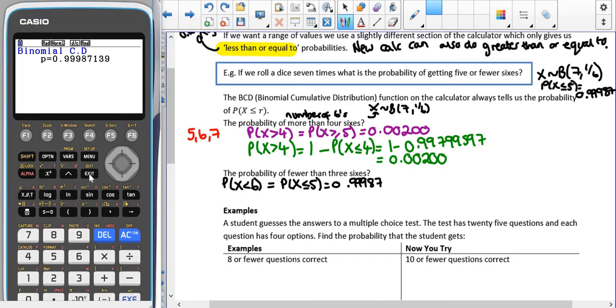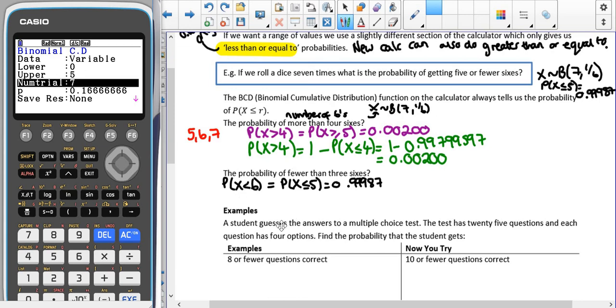If, however, you have the lower and upper function, remember that the lower value is meaning that it's going to be greater than or equal to that number, and the upper value is going to be less than or equal to that number. So these are inclusive of the numbers that you put into your calculator. So just be careful. Like for this question here, where we were looking for fewer than 6, we didn't put 6 into our upper because it would have included 6.